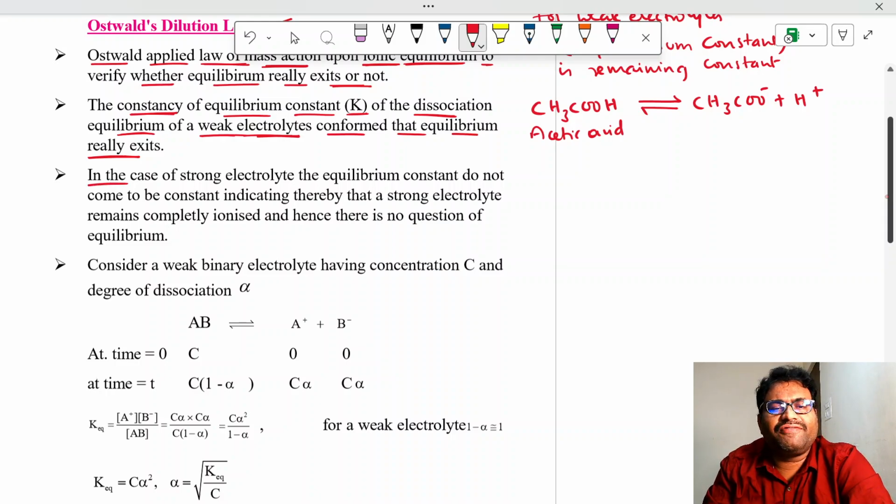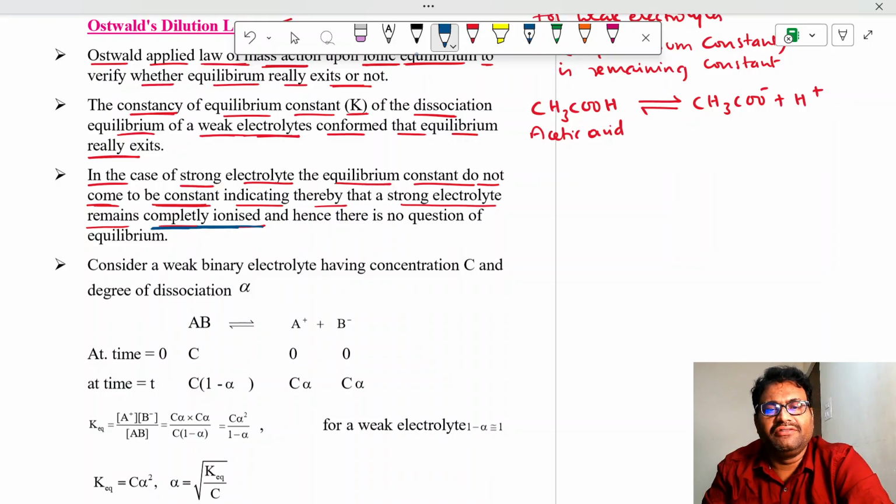In the case of a strong electrolyte, the equilibrium constant does not come to be constant, indicating thereby that a strong electrolyte remains completely ionized. Hence, there is no question of equilibrium, because K does not remain constant.